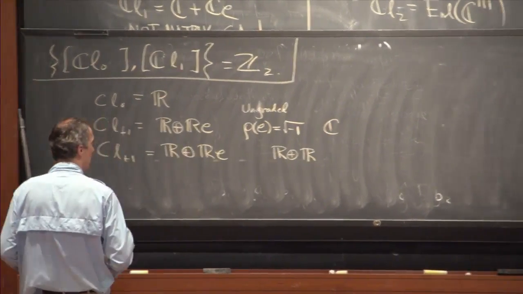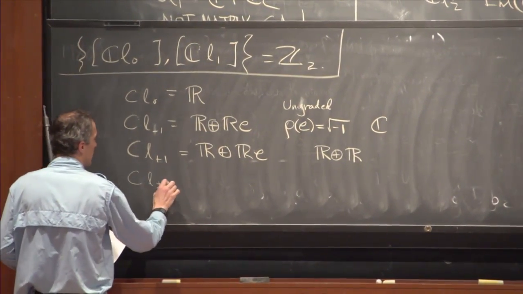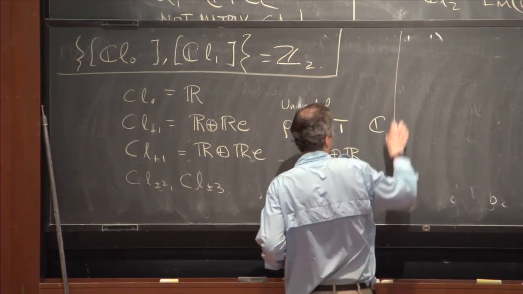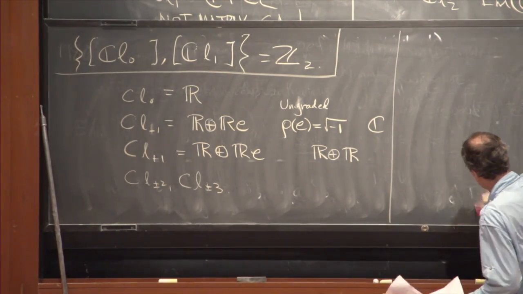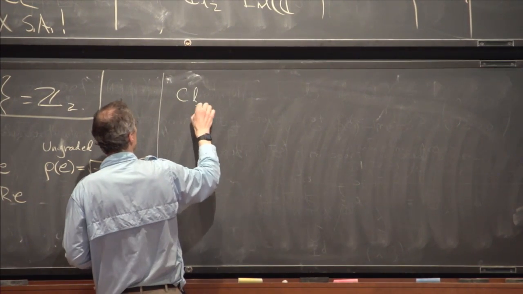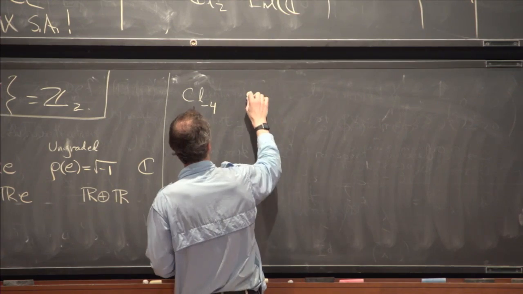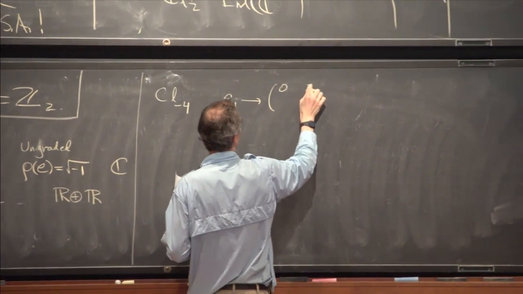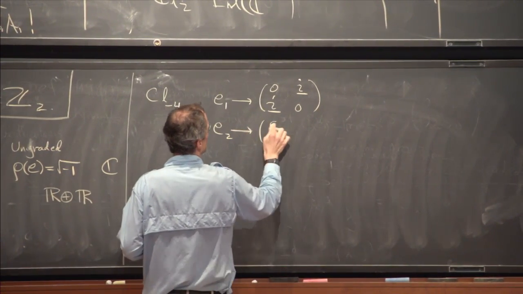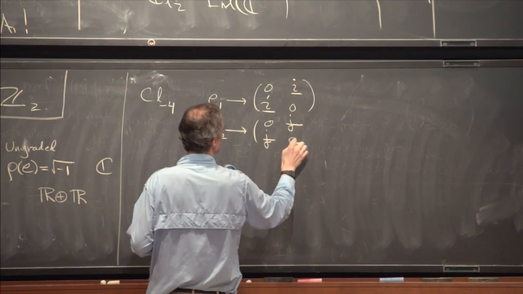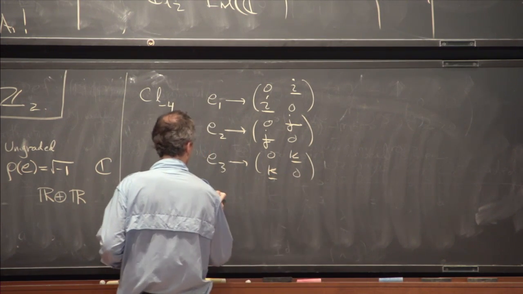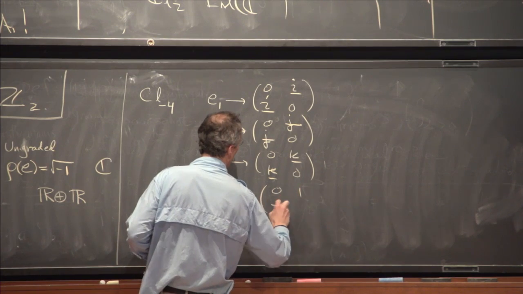Now, you can go your merry way with Clifford plus and minus 2, Clifford plus and minus 3. These are irreducible things. You can't write them as matrix superalgebras. And then something interesting happens when you get to Clifford plus and minus 4. So you see, if you look at Clifford minus 4, then we can represent E1 by 0, I, 0, E2 by 0, J, 0, E3 by 0, K, 0, and E4 by 0, 1, minus 1, 0.